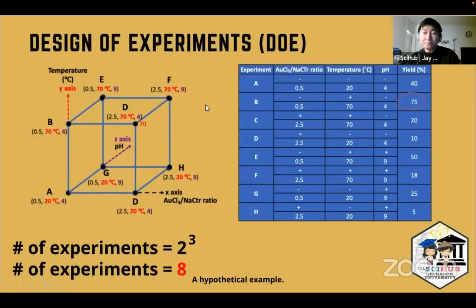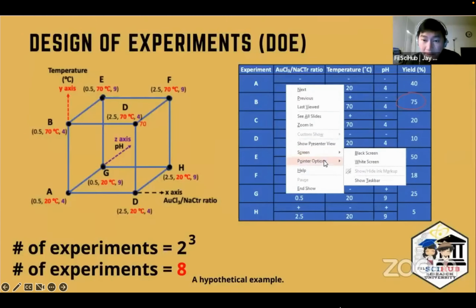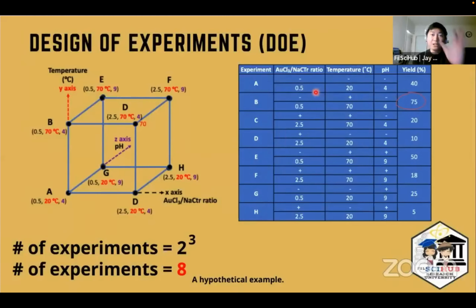Ayan, so we have different variables that we have. The precursor or the reagents here, when we're trying to synthesize gold nanoparticles, you have a precursor. So this is this gold precursor over here, and then our reductant. So medyo nagpapaka-hardcore na tayo. This is the chemicals part, the concentration of the chemicals, the temperature of the reaction, and the pH. So you have three variables.